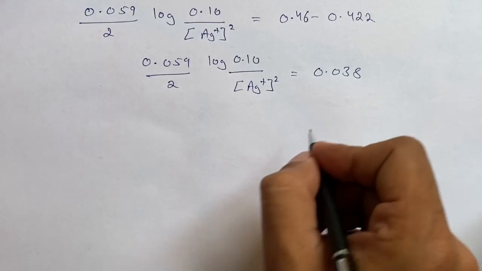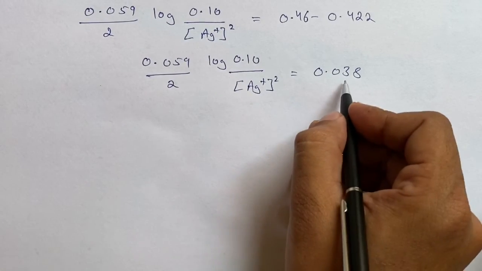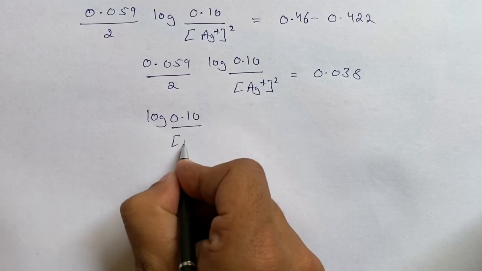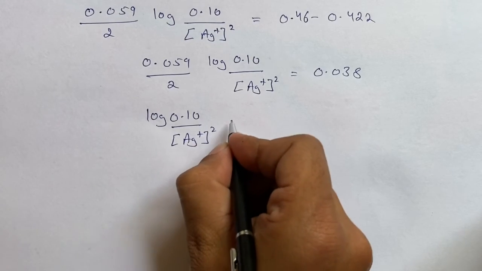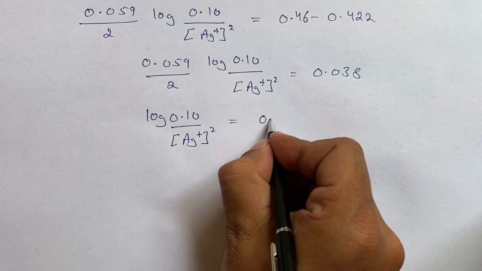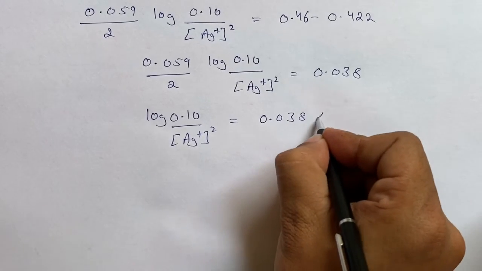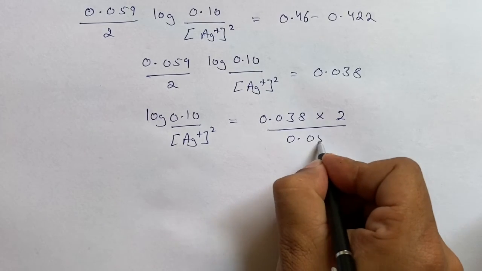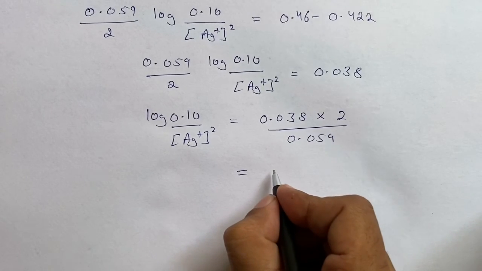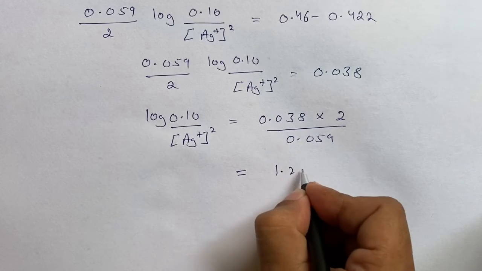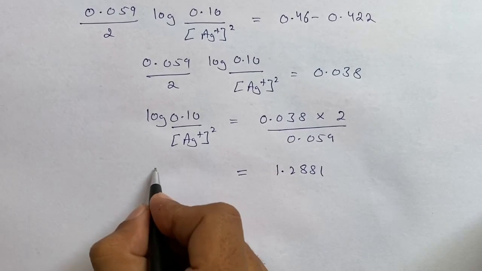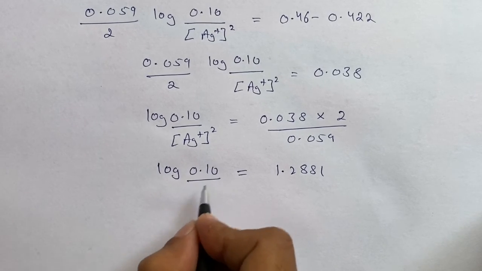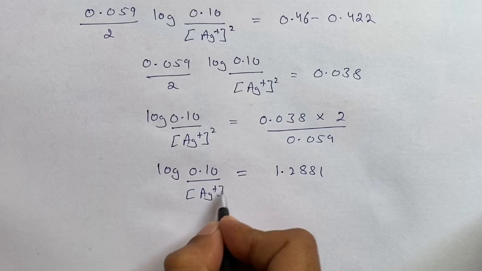Now shift these values on the right hand side. Log of 0.10 divided by [Ag+] power 2 equals 0.038 into 2 divided by 0.059. This side comes to be 1.2881 equals log of 0.10 divided by [Ag+] power 2.